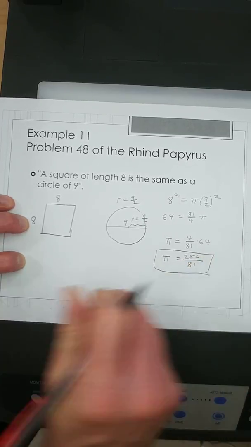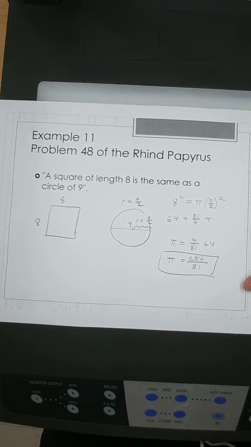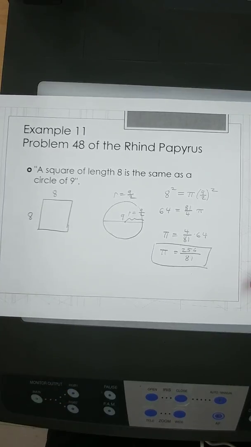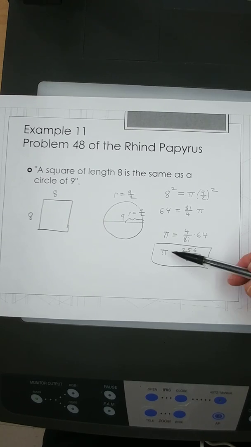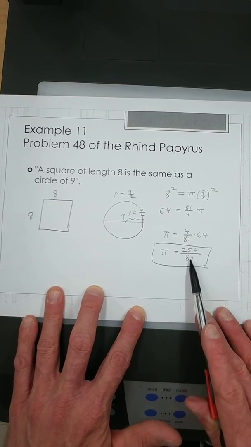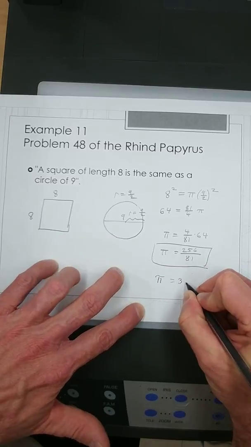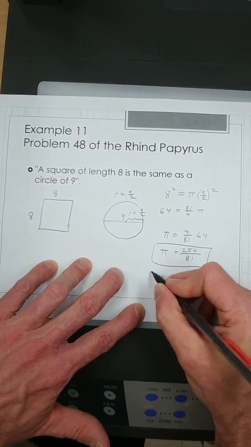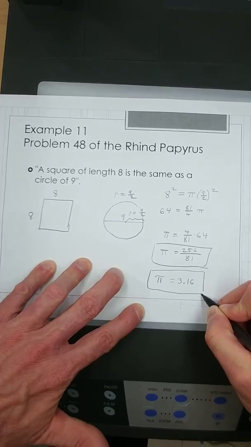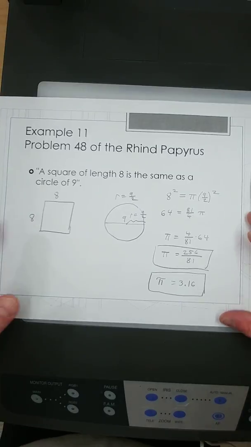So using that problem out of the Rhind Papyrus, we get that from the Egyptians' estimations of areas, pi would be 256 over 81. If you convert this on your calculator, it's pretty close. It comes out to 3.16. So in some books they have called that the Egyptian value for pi.